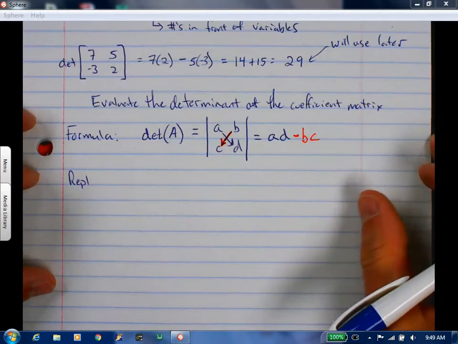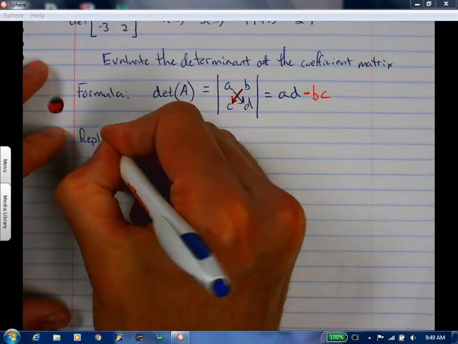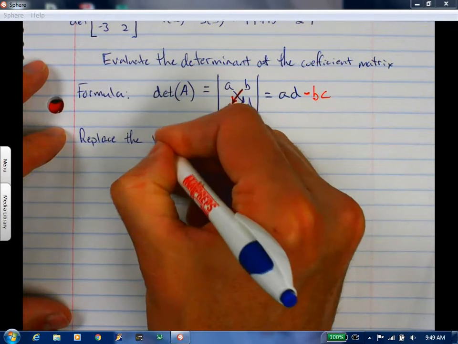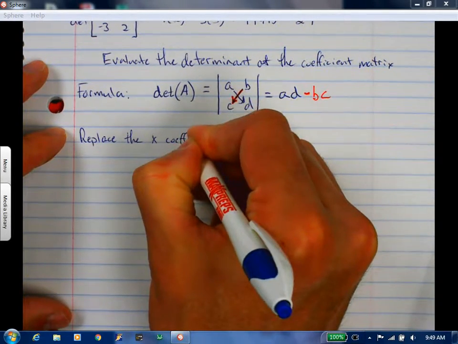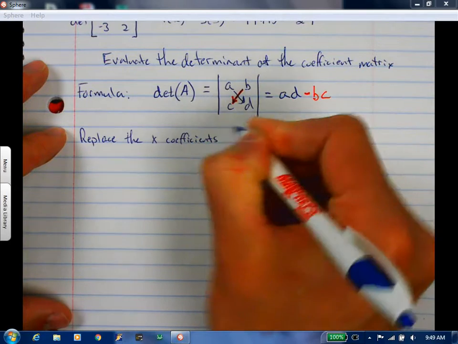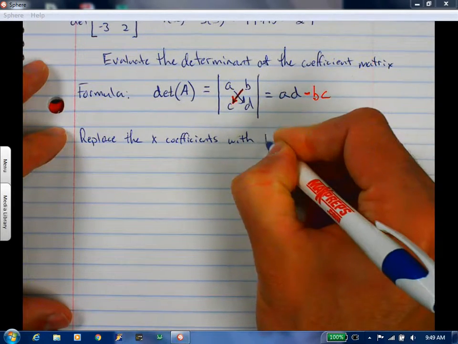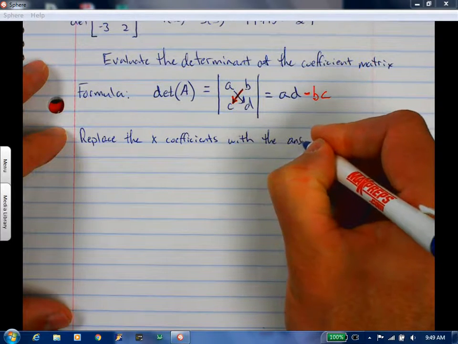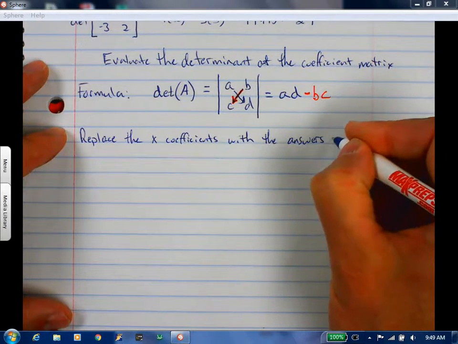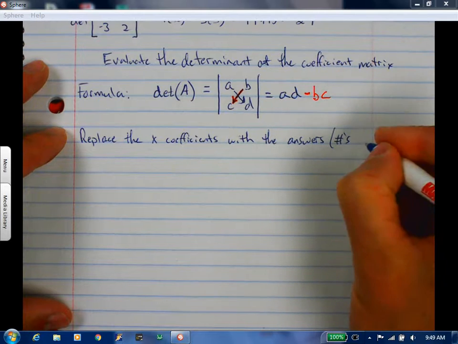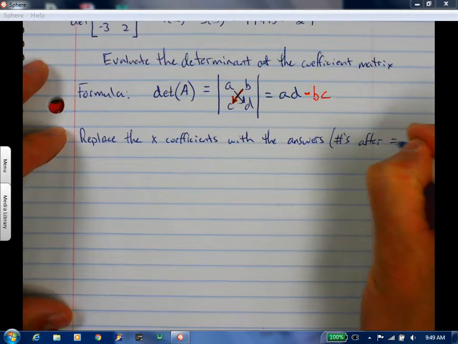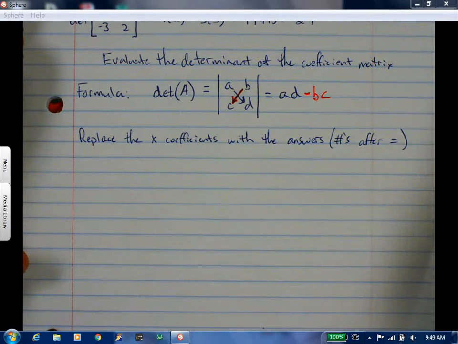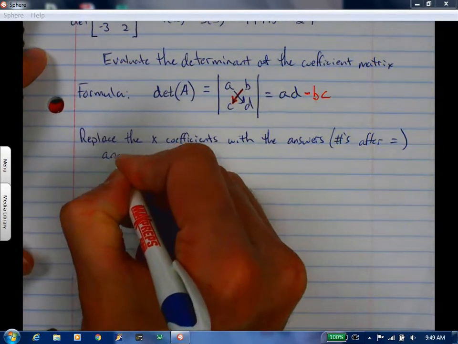We're going to replace the x coefficients with the answers. When I'm talking about answers here, the numbers after the equal sign. And then we're going to find that determinant.